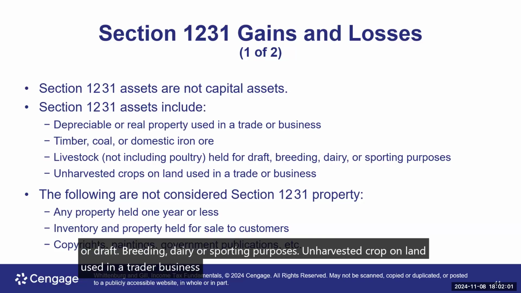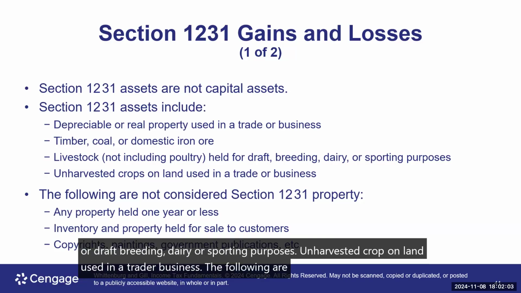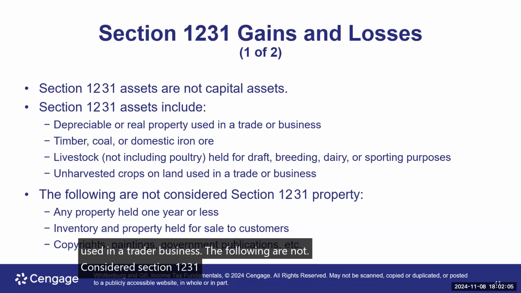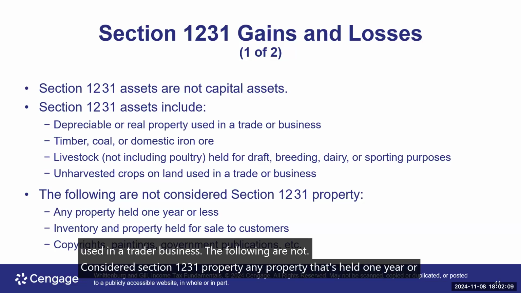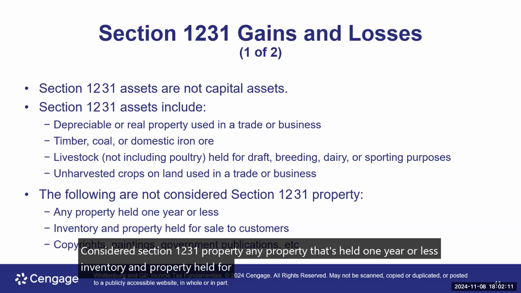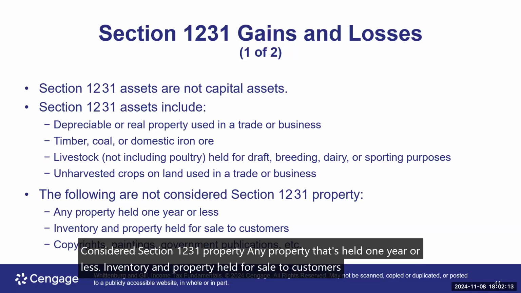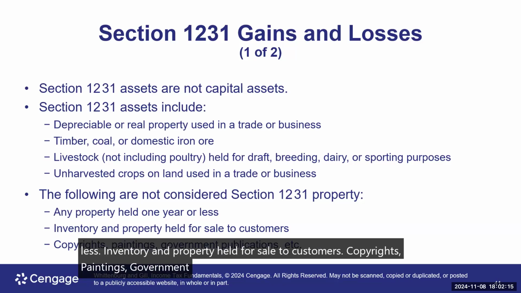The following are not considered Section 1231 property: any property that's held 1 year or less, inventory and property held for sale to customers, copyrights, paintings, government publications, etc.